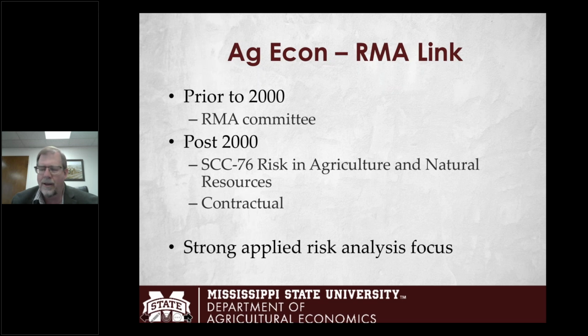In my policy class that I teach, I often tell a story of meeting with people at the agency and suggesting a way that they could do it, and they basically said, well, the law won't allow us to do it that way. So what's your second best solution?